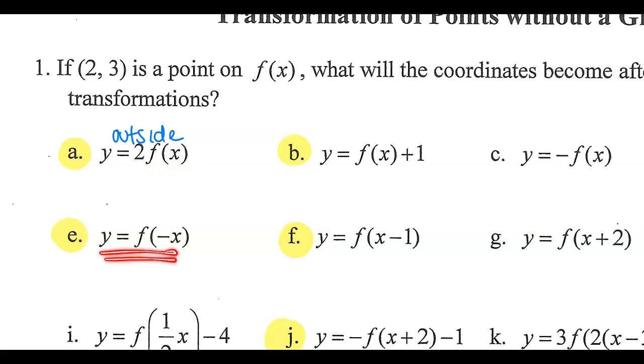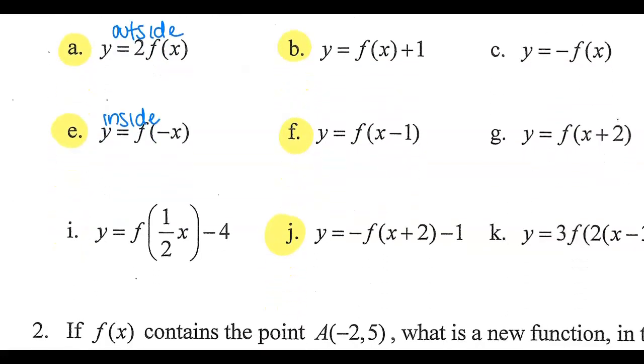For letter E, this one is an inside transformation because inside of f(x), it's no longer just f(x). We now have a negative inside. For letter I, this one actually has two different transformations. It has one inside and one outside, so on top of it, I'm going to put both.